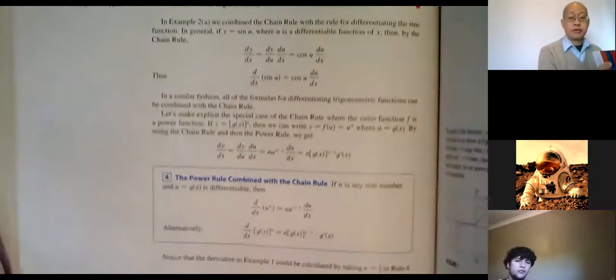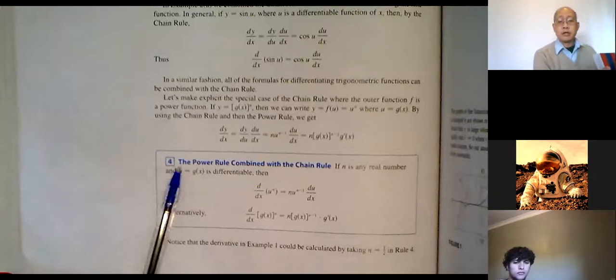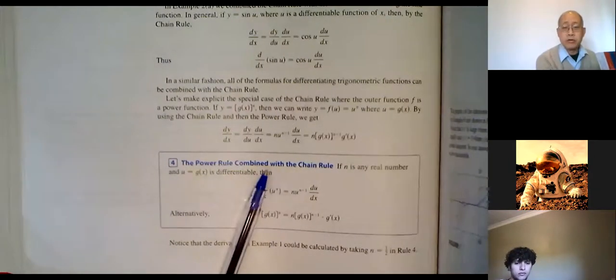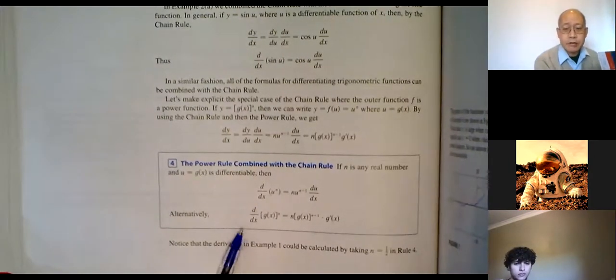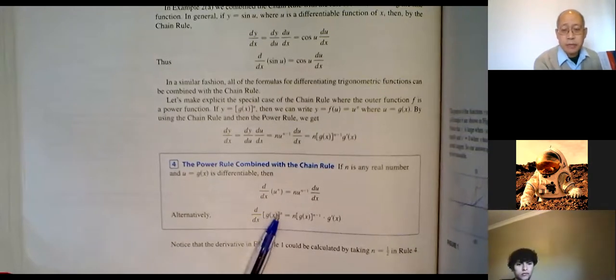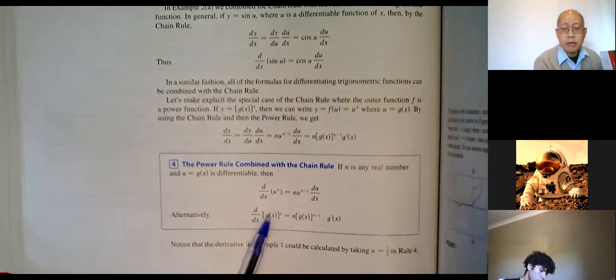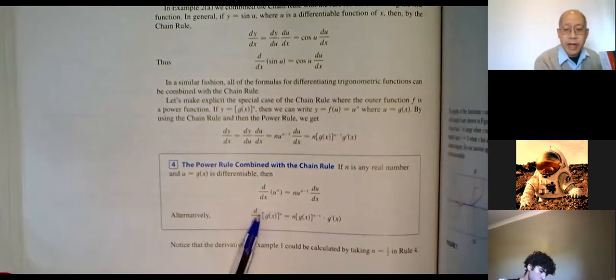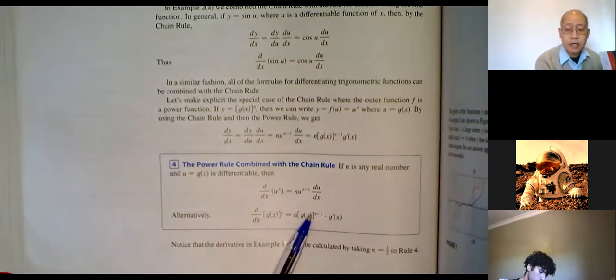Okay, but the power rule combined with the chain rule looks like this. The derivative with respect to x of g of x raised to the n power. So it looks like the power rule, but it's not just x to the n, it's a function to the n. So you go n, g of x raised to the n minus 1, so that looks like the usual.